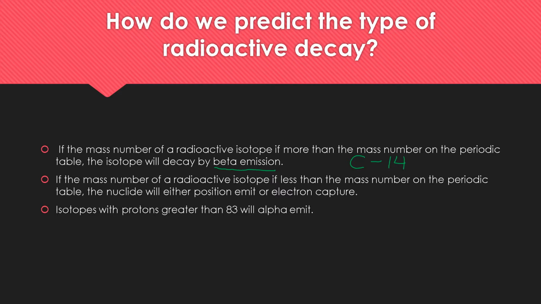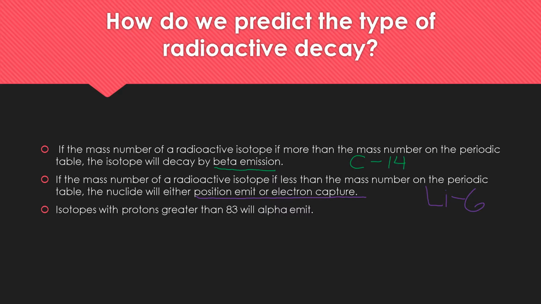So if we have lithium-6, we'll go over and find lithium on the periodic table, and the mass number there is 6.94. Obviously 6 is less than 6.94, so we know that it will decay with either positron emission or electron capture.